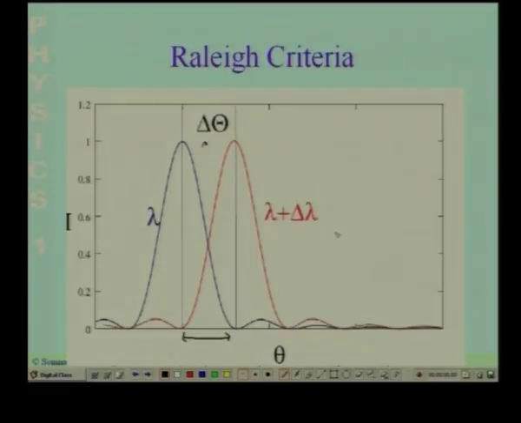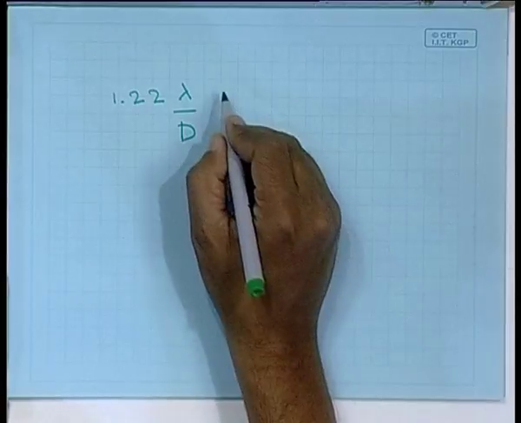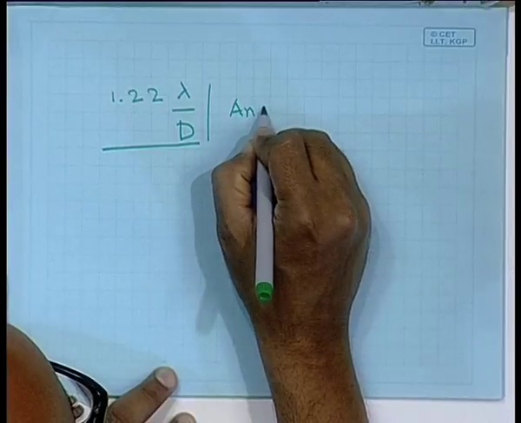And we have learnt that for a circular aperture, the minimum is 1.22 lambda by d away from the maximum. So, what we see here is that for a circular aperture, the smallest angular separation at which you would be able to make out that there are two stars is given by 1.22 lambda by d, and this is what is called the angular resolution of a telescope.